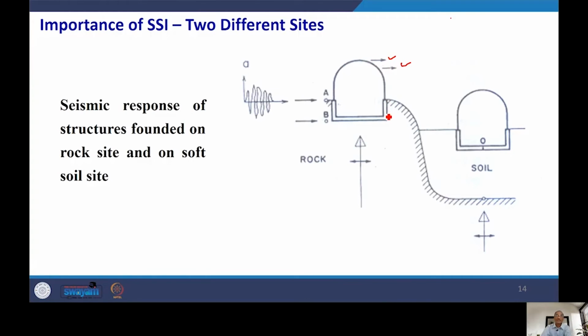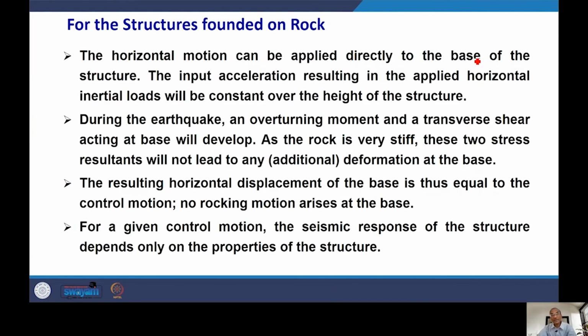That means the acceleration, this was the input motion, and the output coming on the structure is constant. So the horizontal motion can be applied directly to the base of the structure, and the input acceleration resulting in the applied horizontal inertial loads will be constant over the height of the structure.